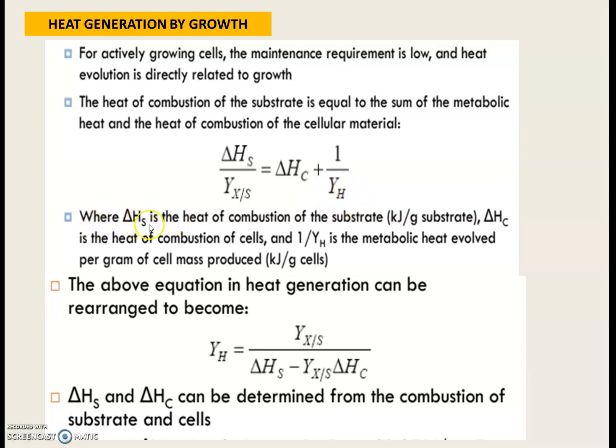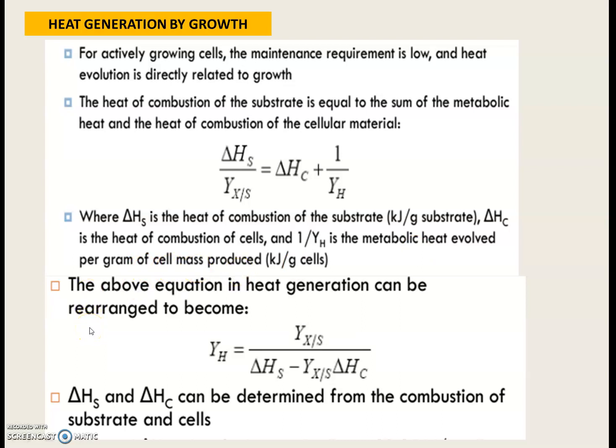Delta H_S is the heat of combustion of the substrate. Delta H_C is the heat of combustion of the cell. And 1 over Y_H is the metabolic heat evolved per gram of cell mass produced.